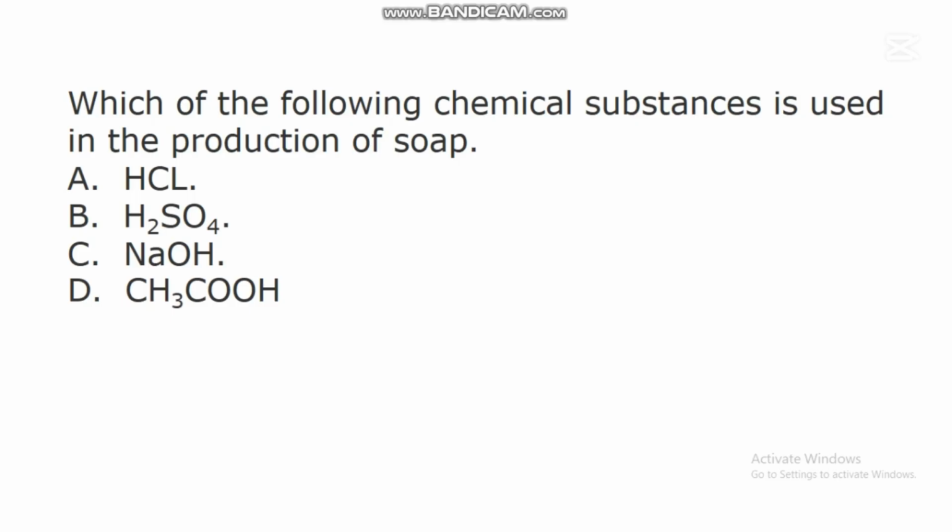In this question, the correct answer is C. Sodium hydroxide. Studies have shown in chemistry that there is a base called sodium hydroxide. This sodium hydroxide is used in the production of soap.